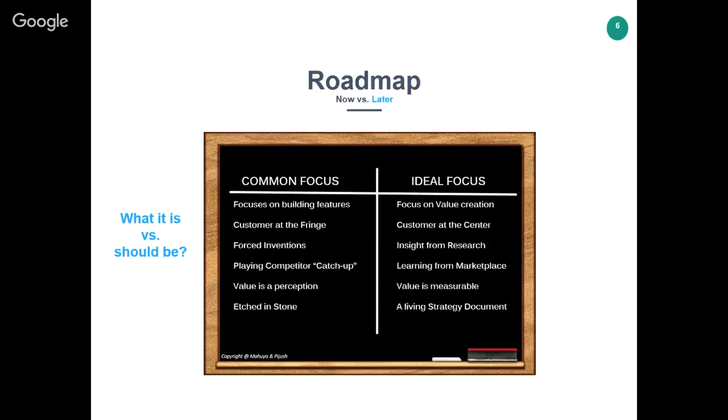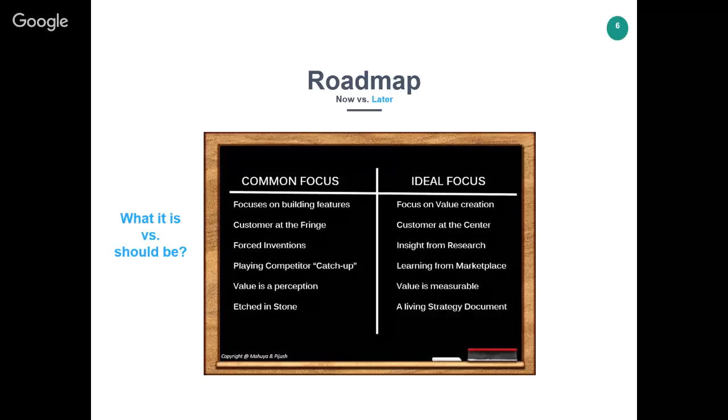It's a living strategy document because everything is changing. The market is changing, the customer demand is changing, and we are also learning based on the product that we have rolled out, the adoption rate, what is working, what is not working, and we are constantly evolving the roadmap. And there should always be room for that conversation.